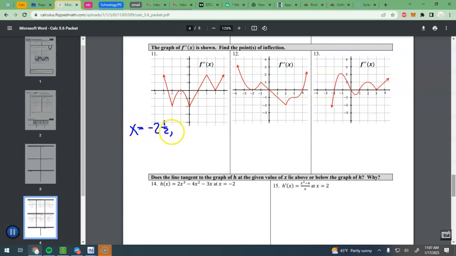So there's 11, with explanations. I'll put up 12 and 13.